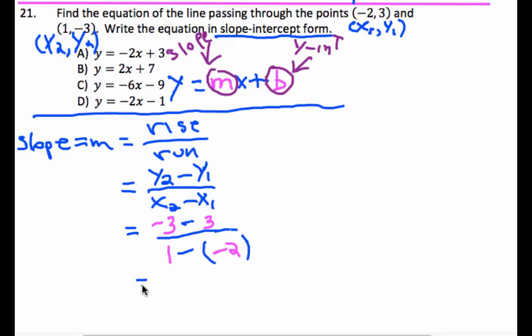So that equals negative 6 over 3, or the slope equals negative 2. So we have found m.